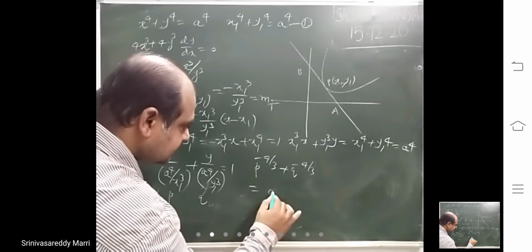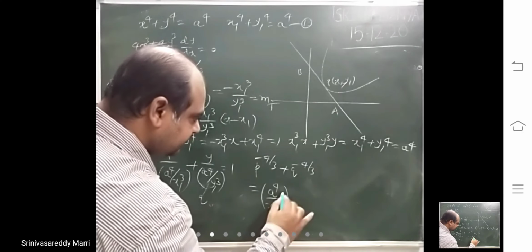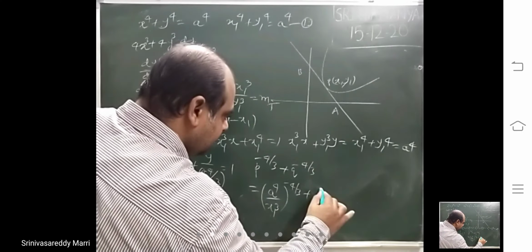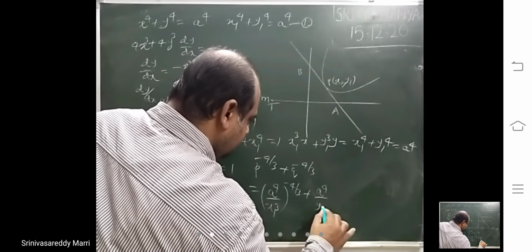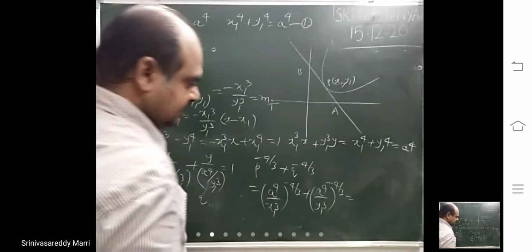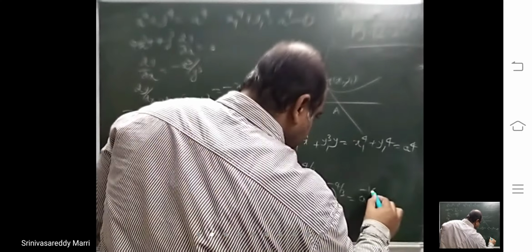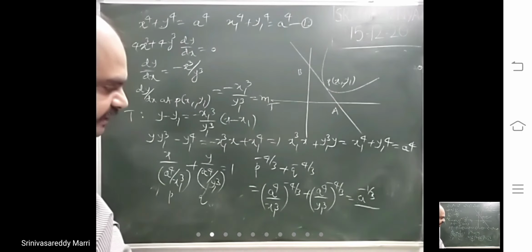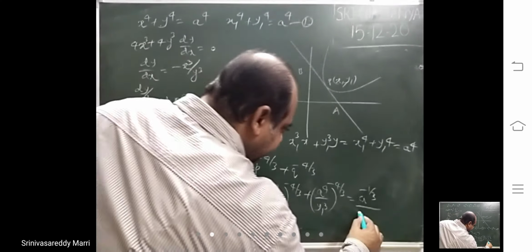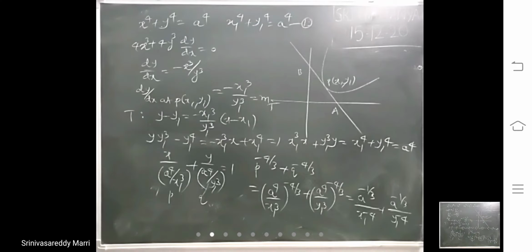That means a power 4 divided by x1 cube. So look at now, a power minus 1 by 3 divided by x1 to the power minus 4, y1 to the power minus 4.